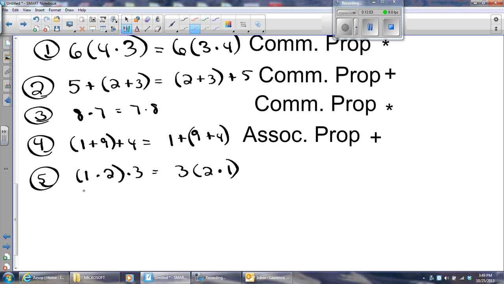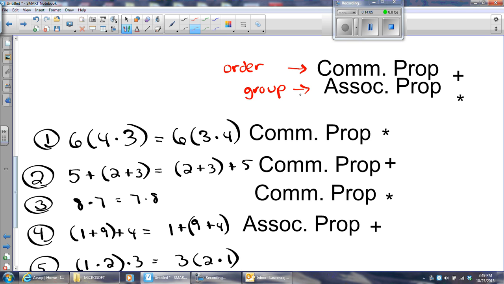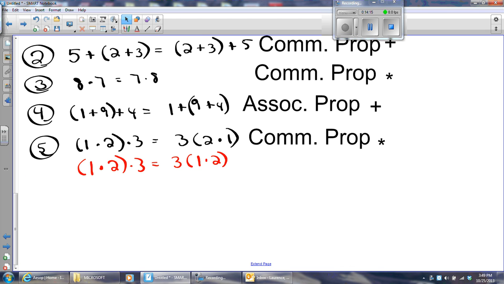I could convert it, say 1 times 2 times 3 is the same as 3 times the quantity of 1 times 2. And I can say that because of the commutative property of multiplication. Let me slide that down here.